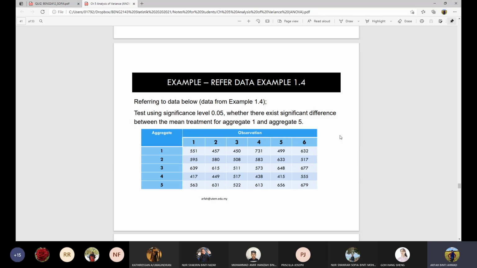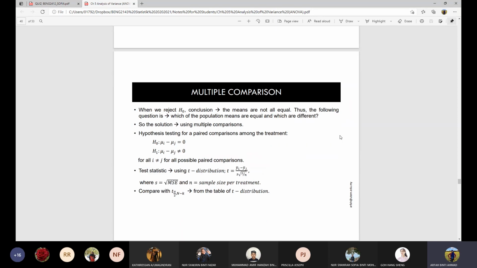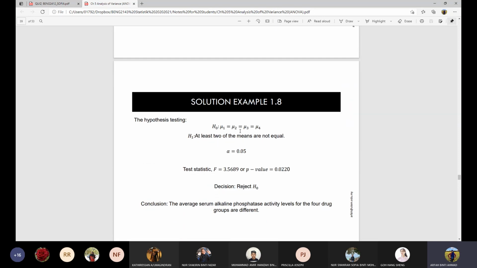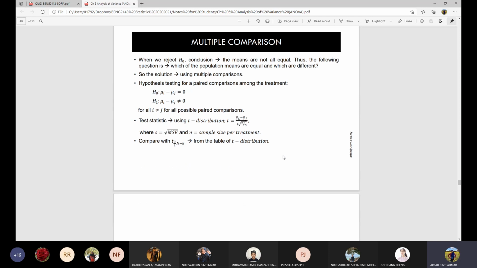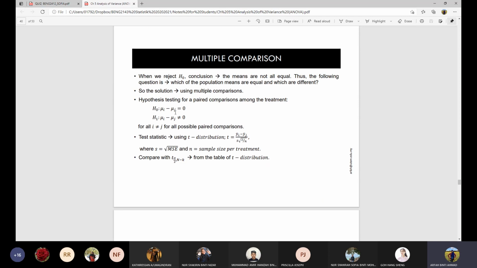Kita tak nak test ke semua mean tu sama or not. First step awak test ada perbezaan tak between mean untuk treatment pertama, kedua, ketiga, keempat and also ke-5. And then dapat reject H null, meaning that at least 2 of the means are not equal. So we extend the testing by tengok mean mana yang tak sama. So we do the multiple comparison.